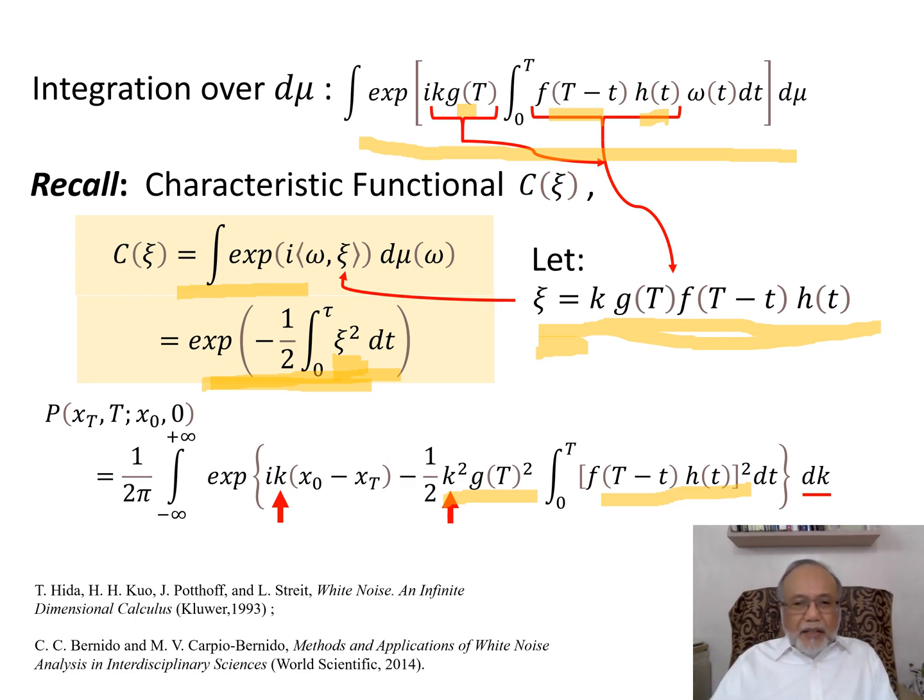And so we're done with one of the integrations, the integration over the Gaussian white noise measure d mu. The last integration that we have to perform in order to get a closed form for the PDF is this integral over the dk. Of course, the dk came about because we expressed the Dirac delta function in terms of its Fourier representation. But fortunately, it's very easy to carry out this dk integration.